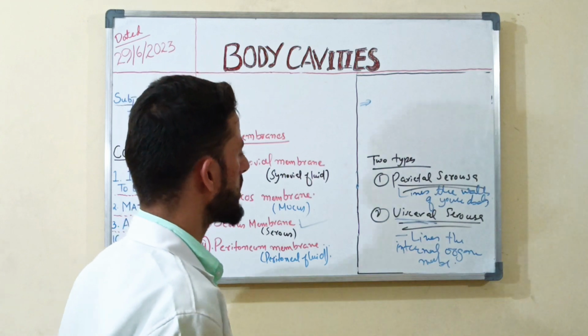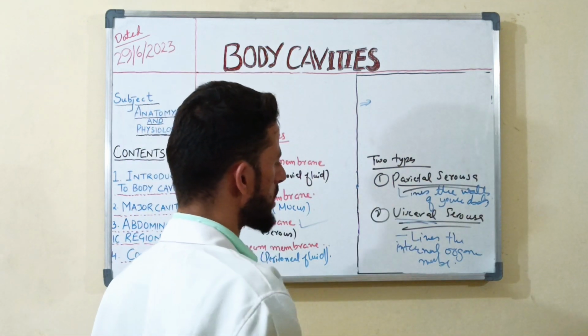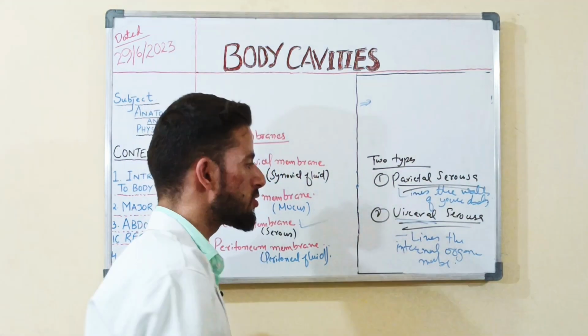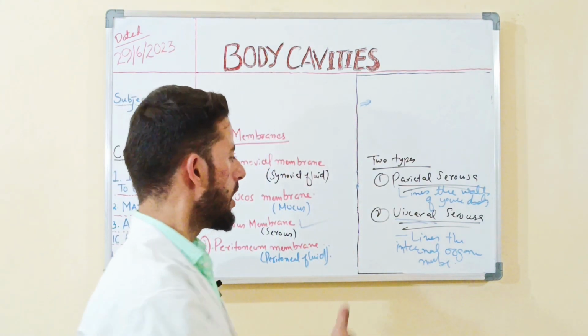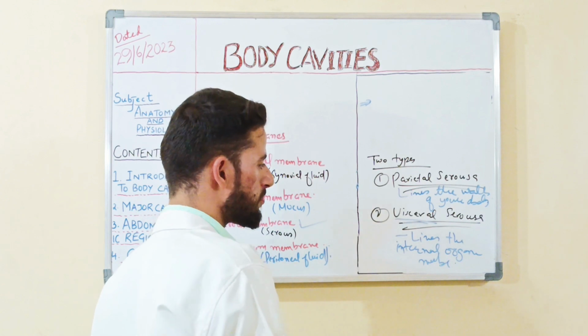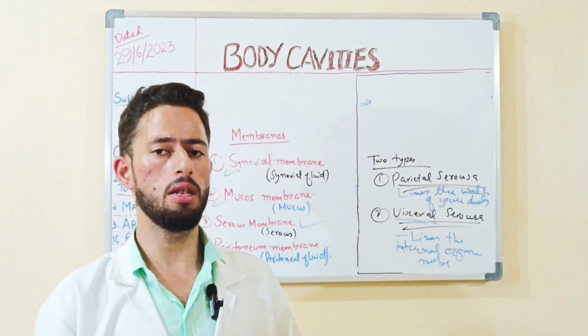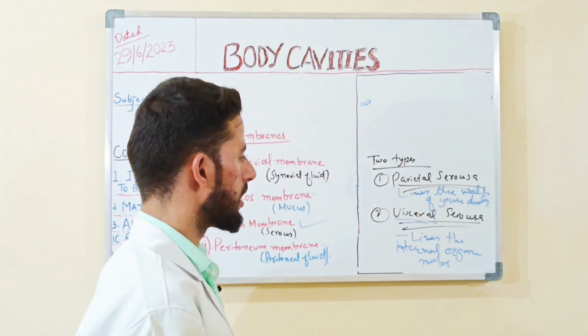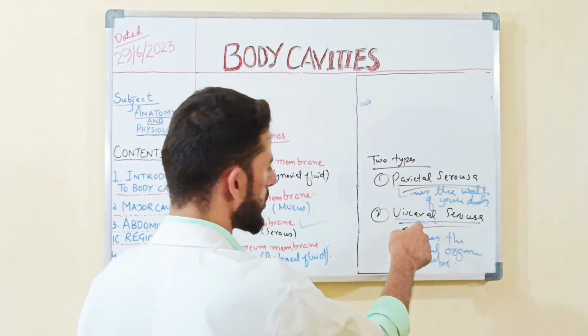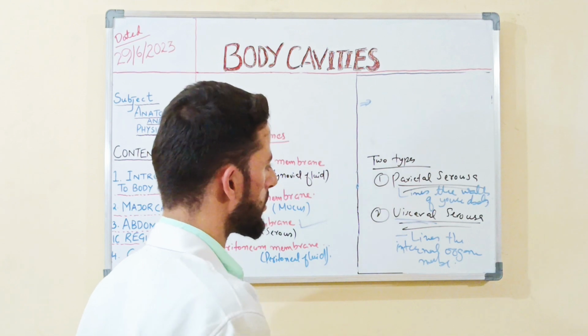So the main difference between the parietal serosa and the visceral serosa is that parietal serosa lines the walls of your body like the chest wall and abdominal wall, and visceral serosa lines the internal organ membranes of your body. And what is the main function of the visceral serosa and the parietal serosa?